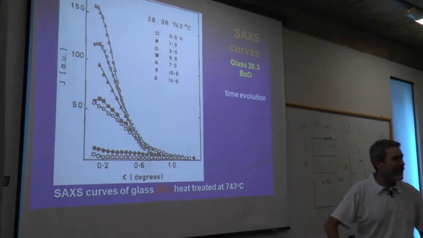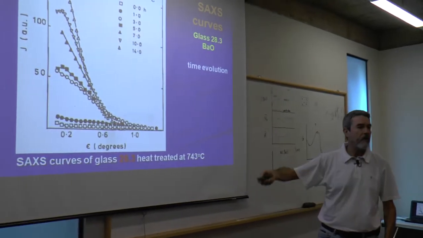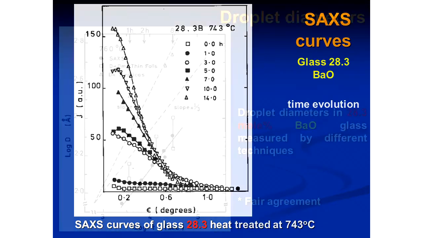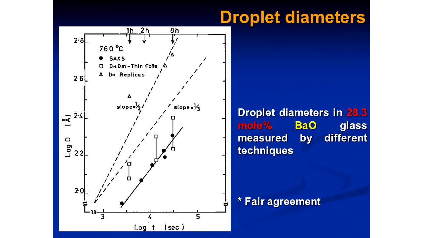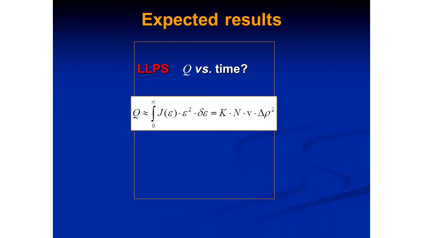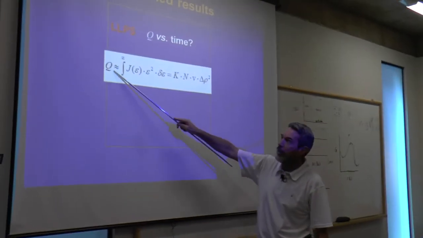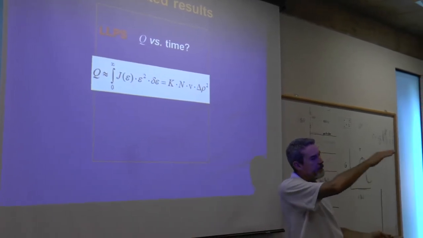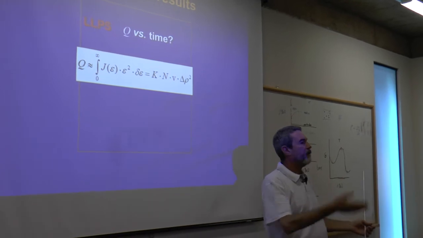So we had several glasses, several temperatures, and following the scattering. I'm going to skip this one. And one property is that if you integrate the scattering curves from 0 angle to, whatever angle it goes to 0, this is the integral from 0 to infinity, but it's never infinity. Infinity means up to the point where the scattering goes to 0.